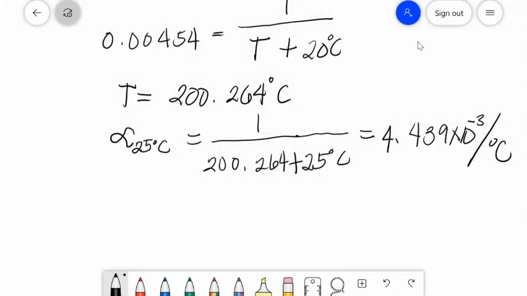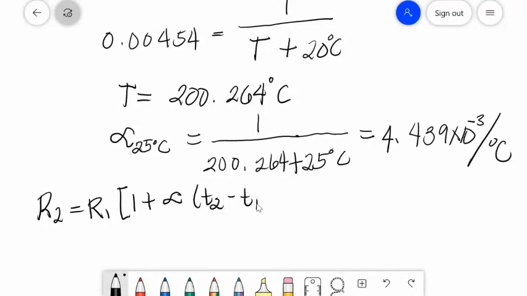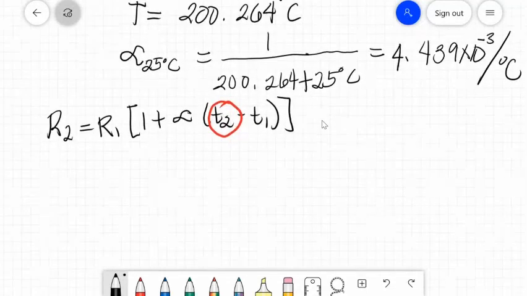We are now ready to solve R2. General formula, R2 is equal to R1 multiplied by 1 plus alpha times T2 minus T1. So T2 is unknown. Substitute.